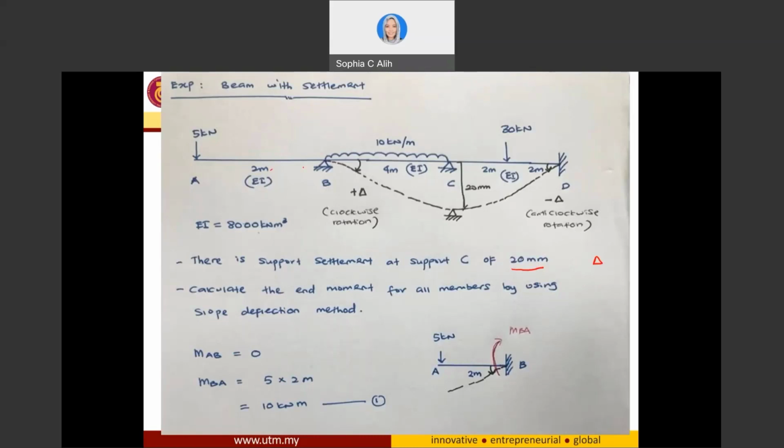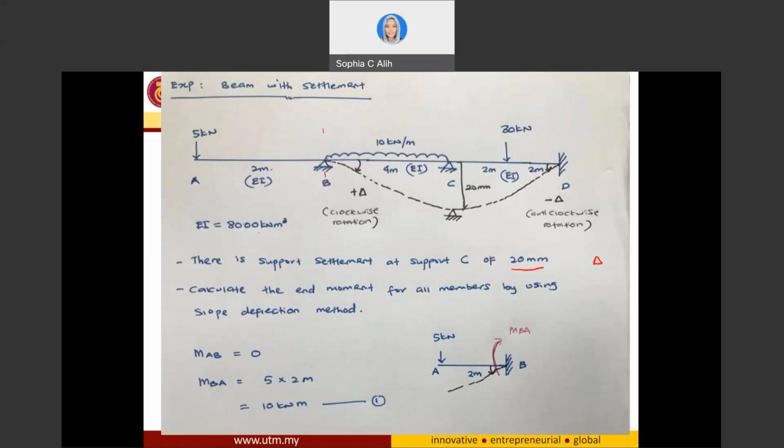So if you can see in here, due to the settlement of point C, the only parts which are going to be affected are span BC and span CD. For span AB, there is not going to be any change because there is no settlement at B, meaning whatever you have calculated for member AB is going to be similar.